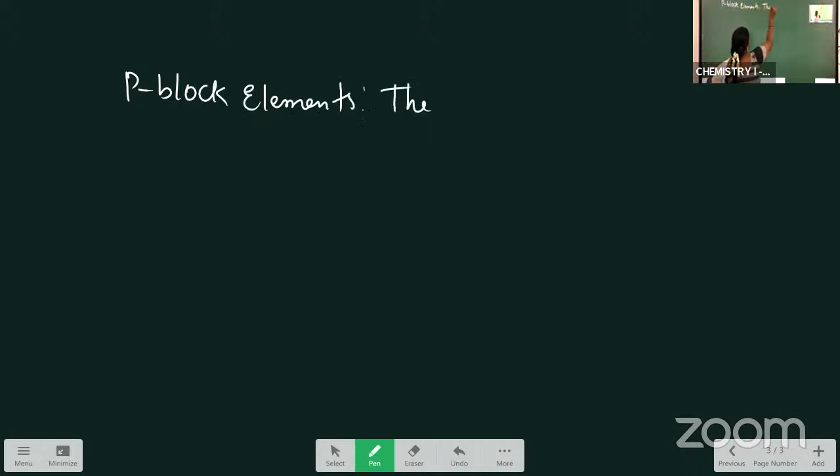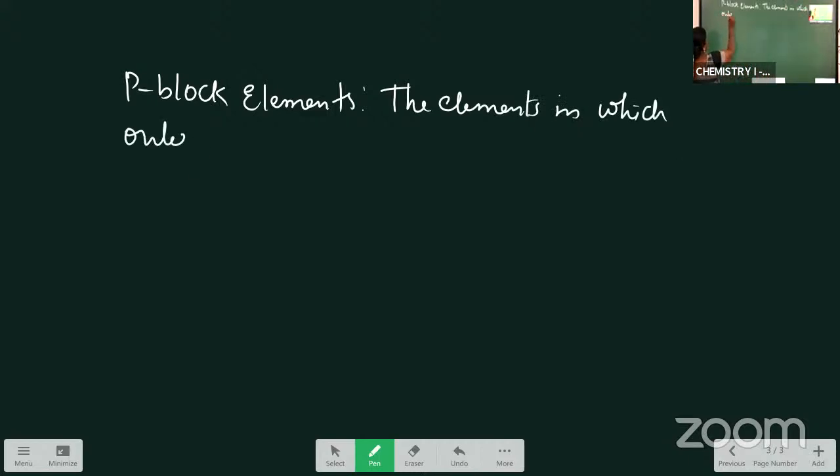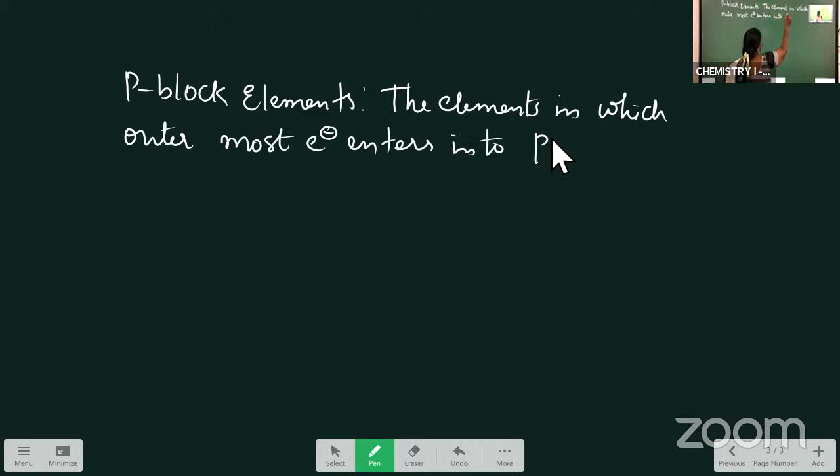The elements in which the outermost electron enters into the P subshell are called P block elements.